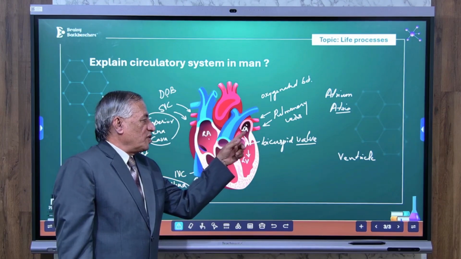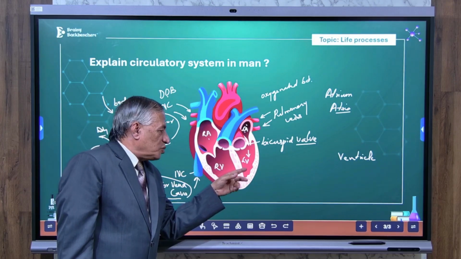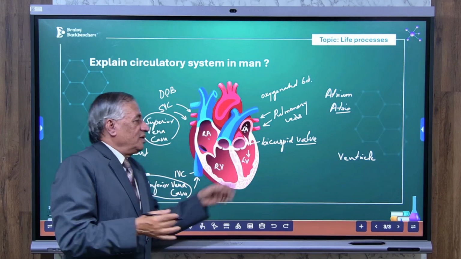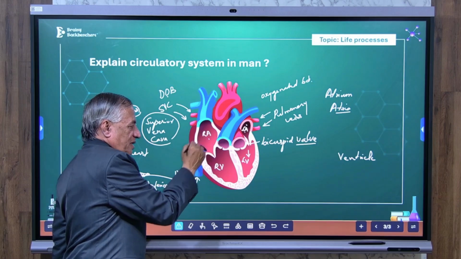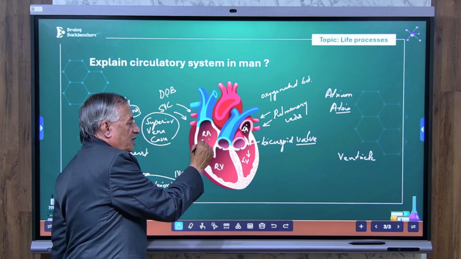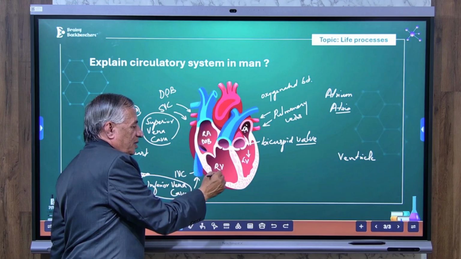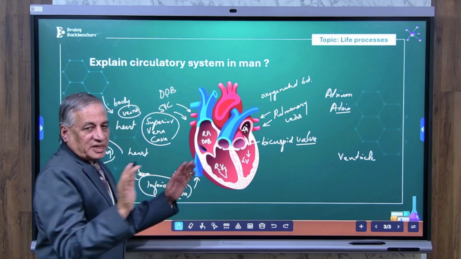Blood flows from left atrium to left ventricle. Vice versa, it cannot go back because valves are present. And towards the right atrium, deoxygenated blood enters from right atrium to right ventricle. This is the second step.